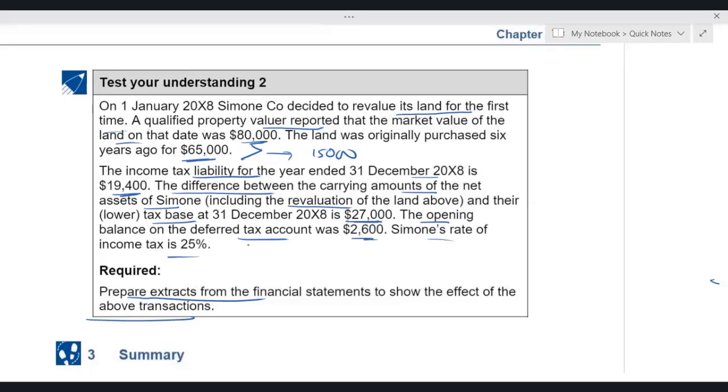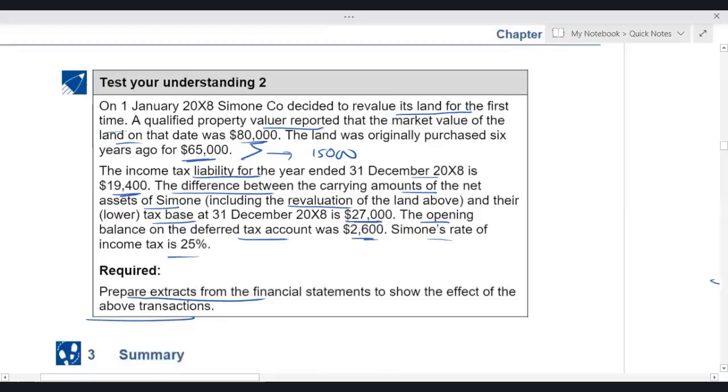One more thing which we have already discussed, that is carrying amount and tax base. In case of assets, when carrying amount is more than tax base, then the difference is the taxable temporary difference. So the Azan is sounding, just a 2-minute break, then we'll be discussing together. Let me pause the video. Test your understanding two, please.